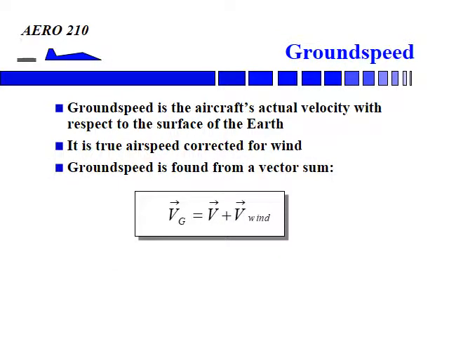Once we have our true airspeed, we're not done, because what we really want to know is how fast we're going to get where we're going. And to determine that, we have to correct our true airspeed for the wind to get ground speed. Our true airspeed is our speed through the air mass, but on a windy day the air mass is moving quite rapidly relative to the ground.